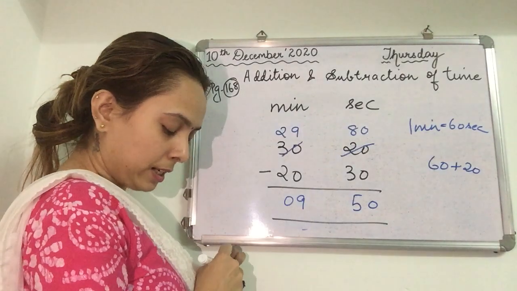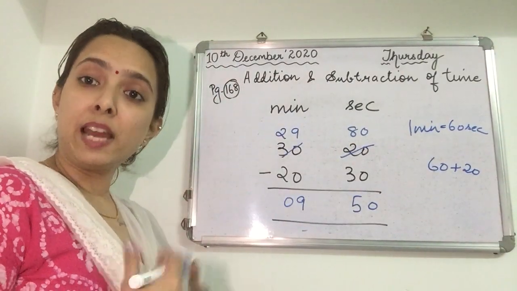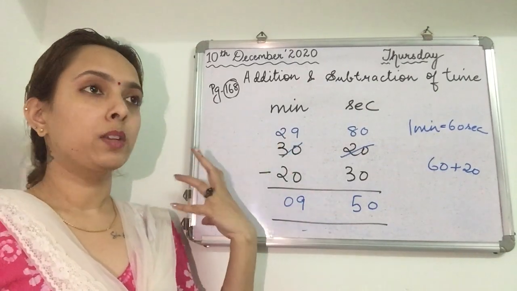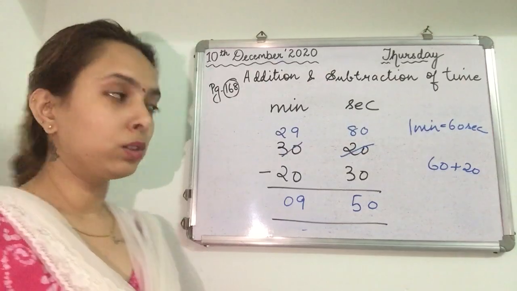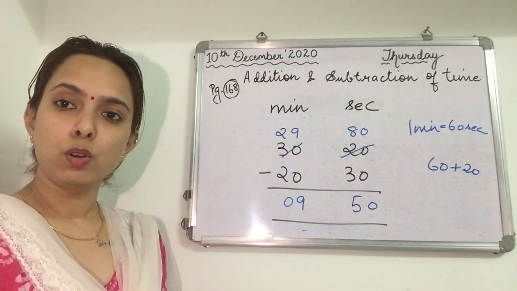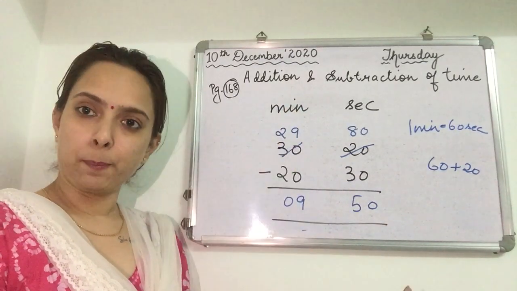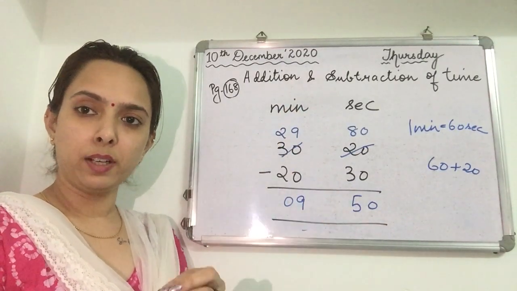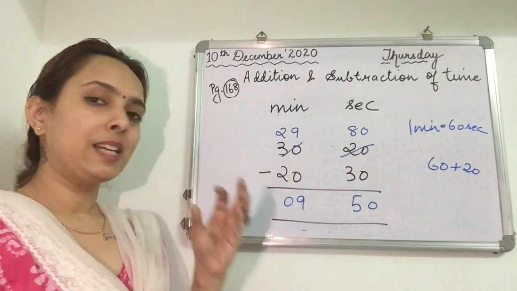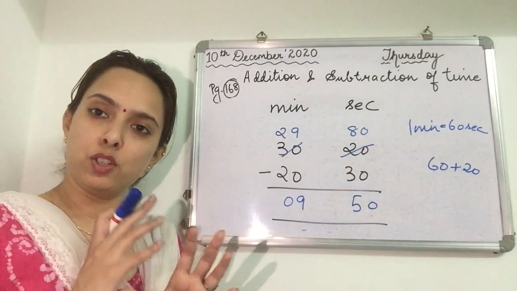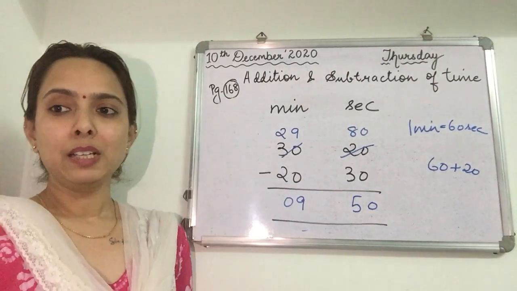So our answer is 9 minutes 50 seconds. Every time you borrow, you borrow in this way. The method of subtraction is the same but a little different from normal subtraction. The only game is of the conversions. If the concept is clear, you will be able to do the sum.